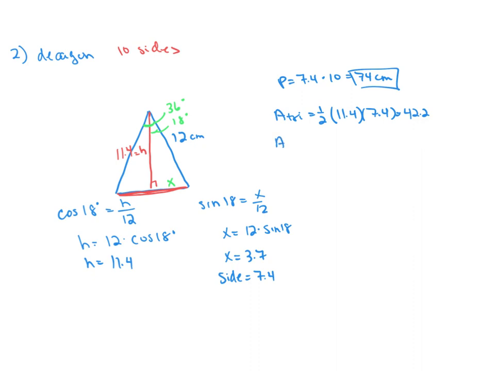So then the area of the decagon is 42.2 times 10, which is 422 centimeters squared. All right, let me know if you have any questions.